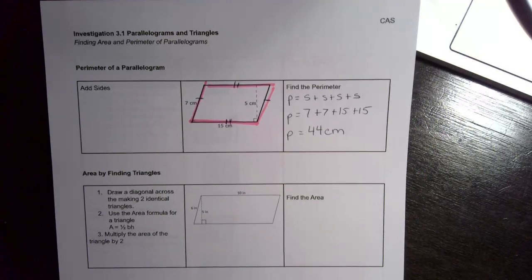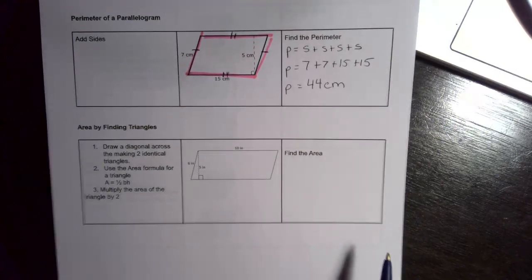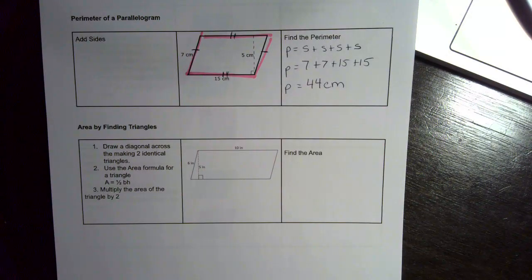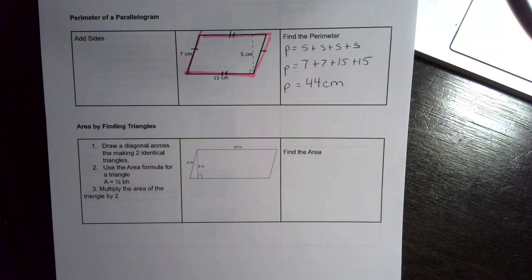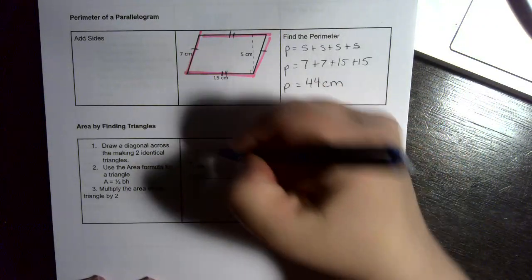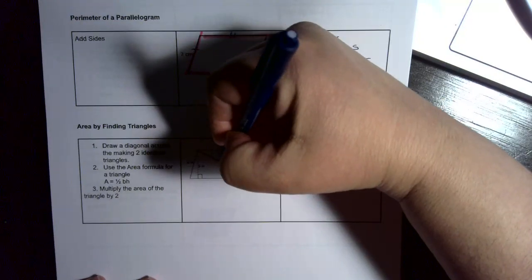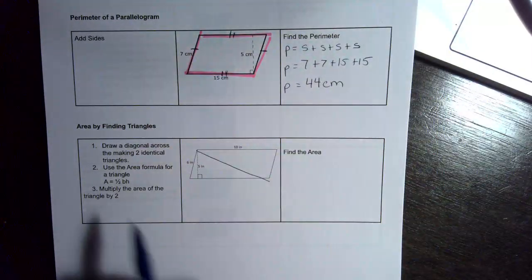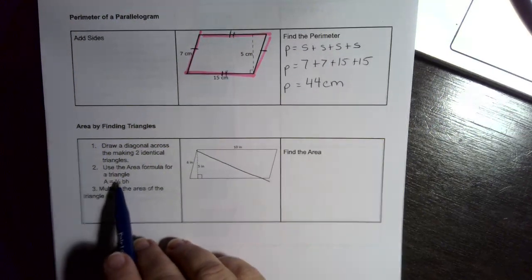Then in today's lesson, we looked at different ways to find the area of a parallelogram. And the first thing in our discovery was that we drew a diagonal in order to make 2 identical triangles.